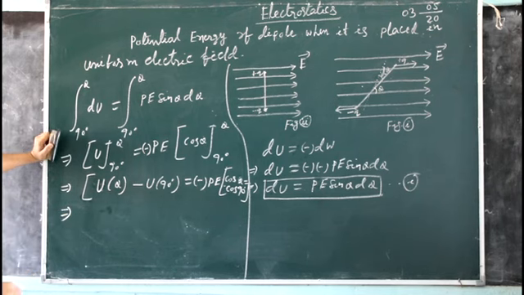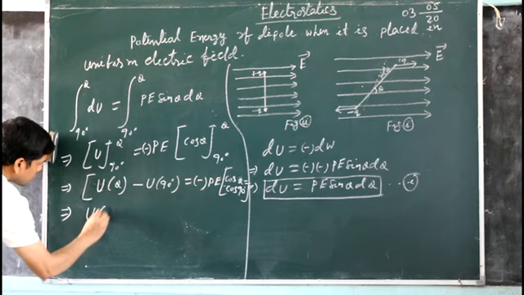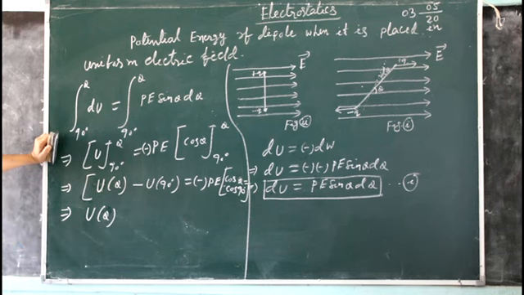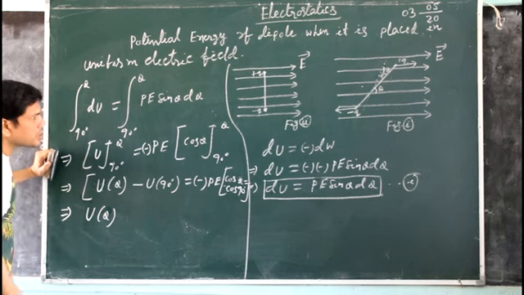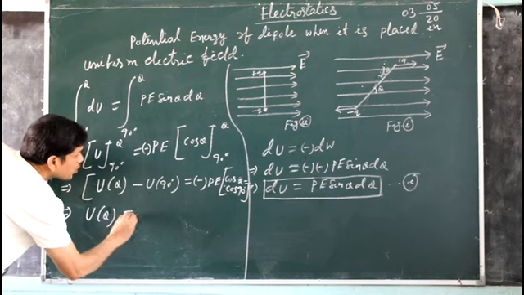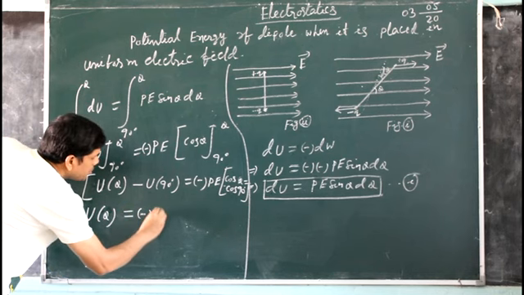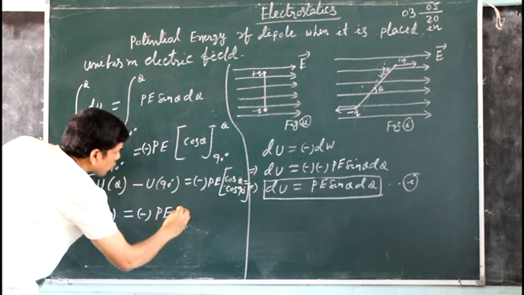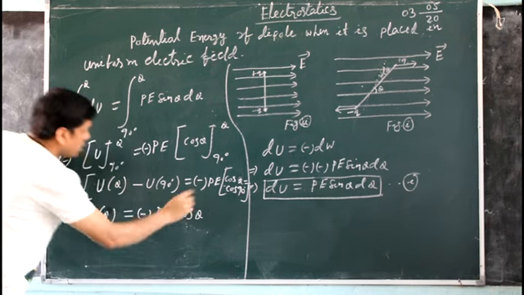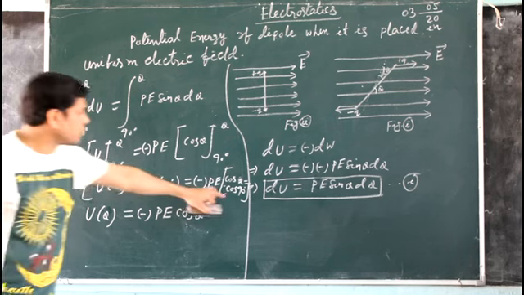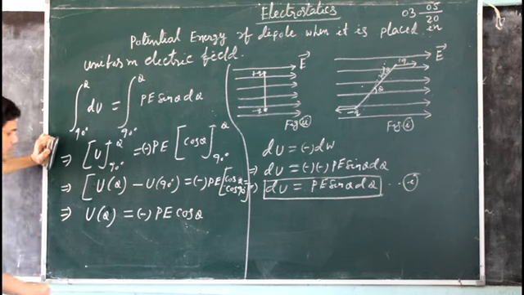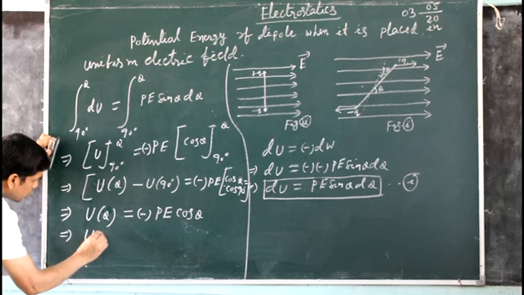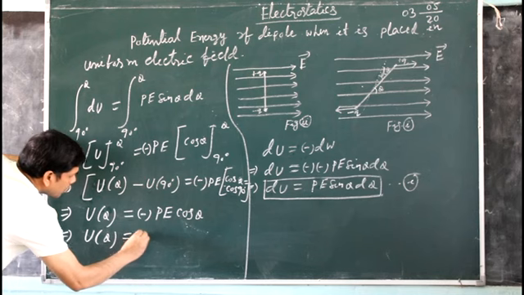So U at theta, U at 90 degrees, we already said, is the potential energy of a dipole placed inside an electric field at a 90 degree angle, which is 0. So U theta equals minus PE cos theta, since cos 90 is 0.